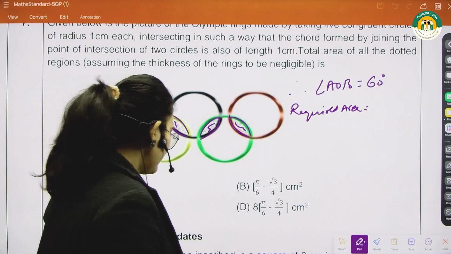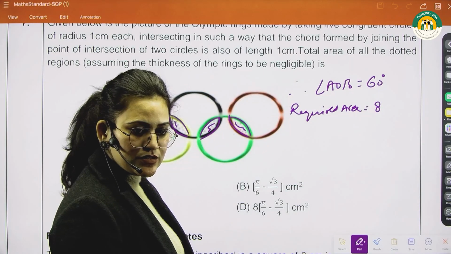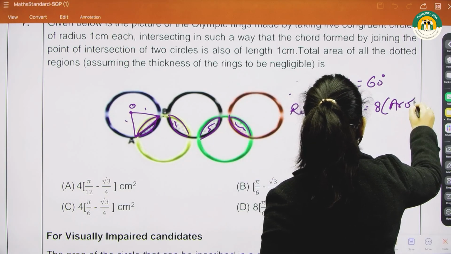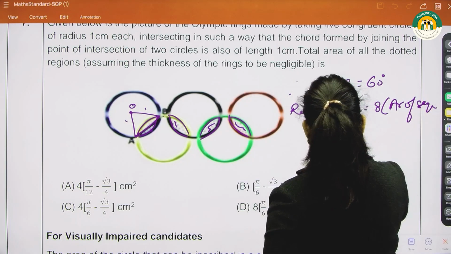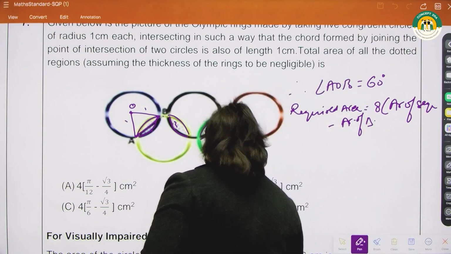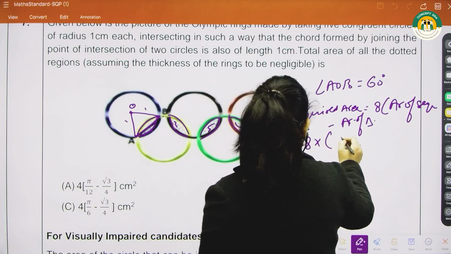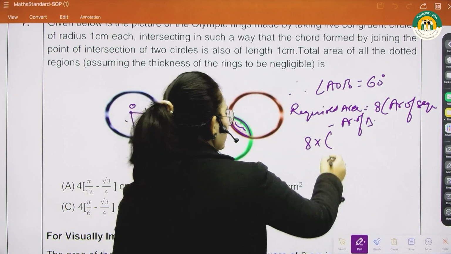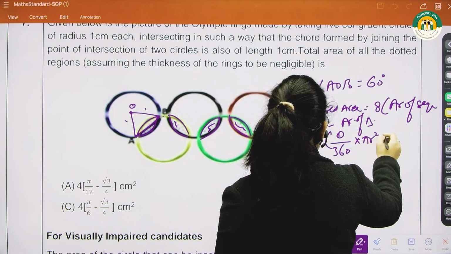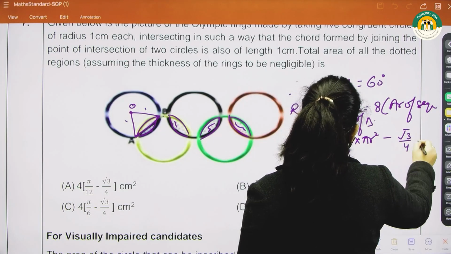There are 8. So the required area is 8 into area of segment minus area of triangle. So here we apply the formula, theta upon 360 degree into pi r square minus root 3 upon 4 r square.